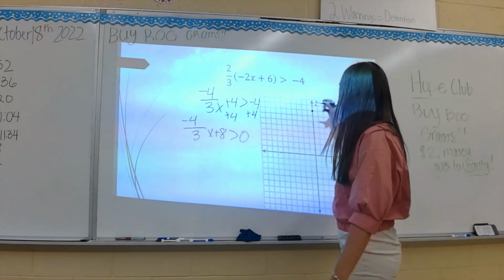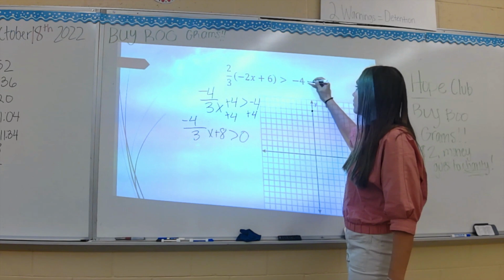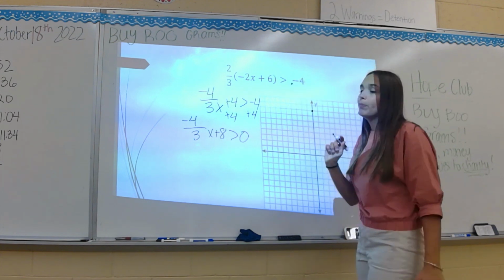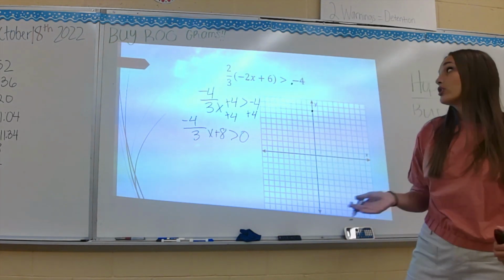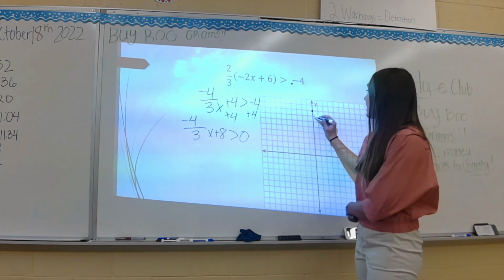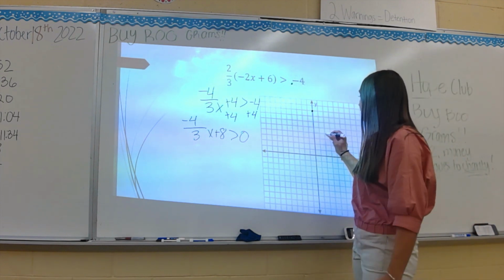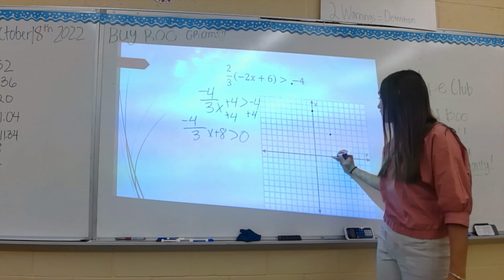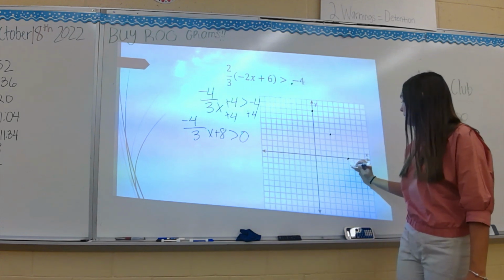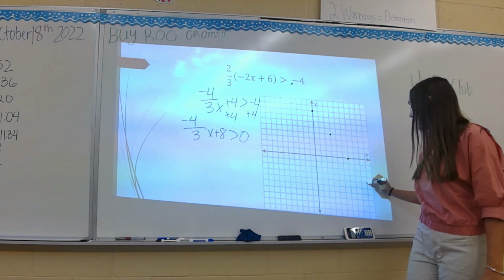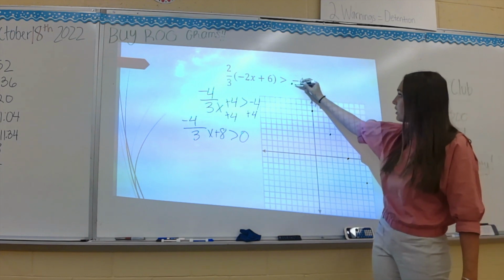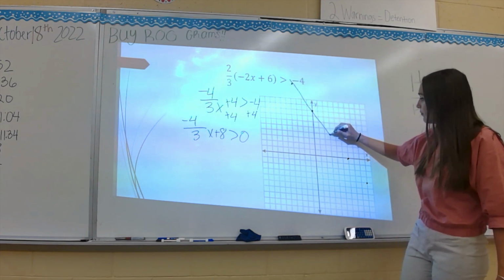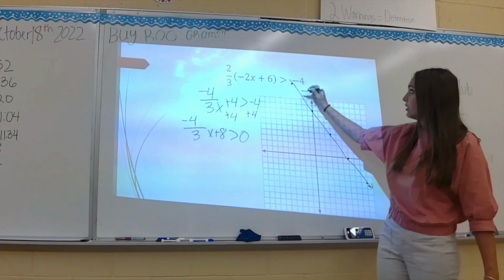Then our slope tells us to go up 4, over 3. I like to put this point up here just so we remember in which direction we're going. Then we go down 4, over 3. Down 4, over 3 again. And that's all I can fit on the graph. I'll connect it with my line and put those arrows.